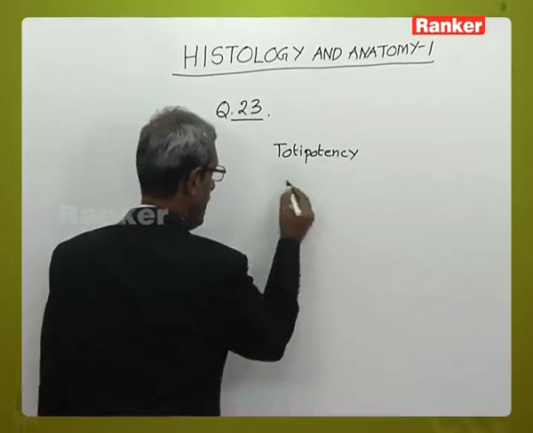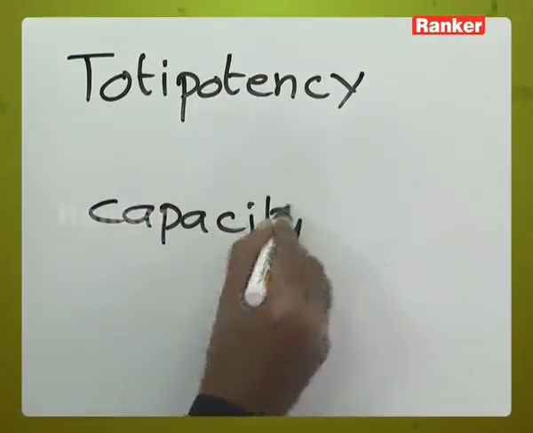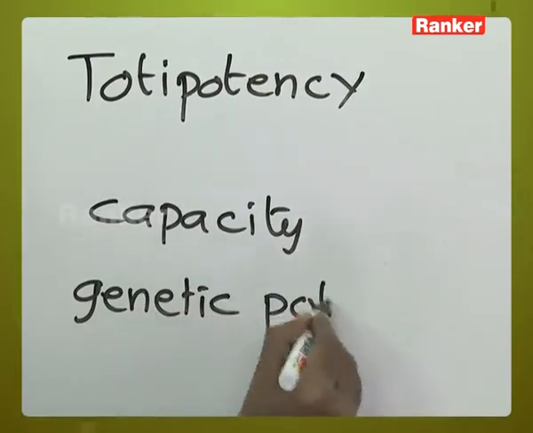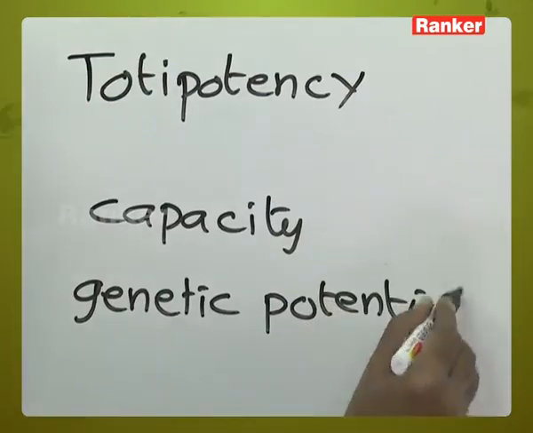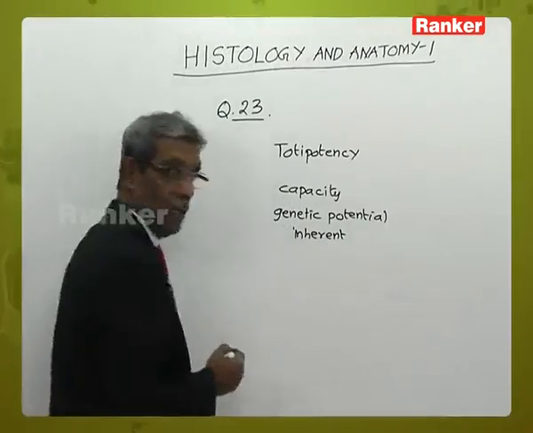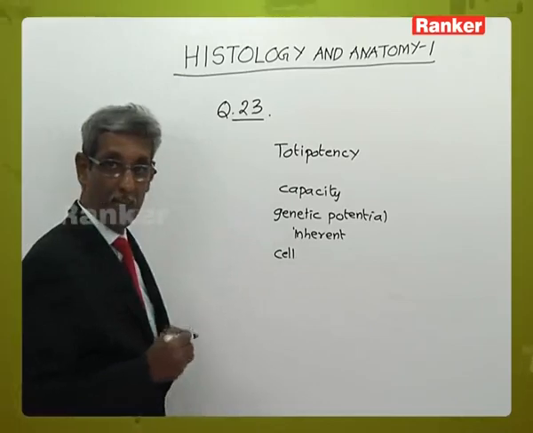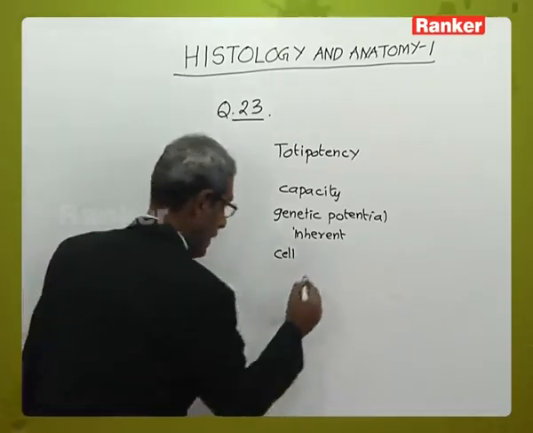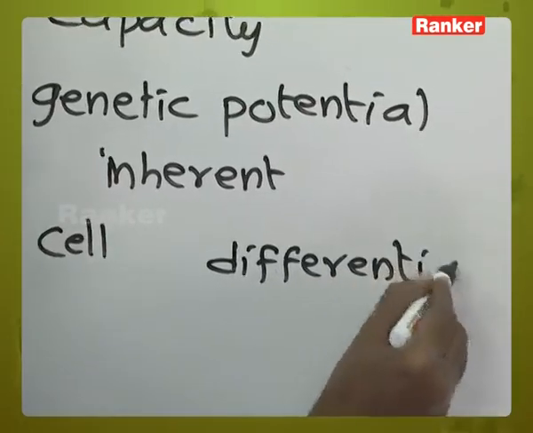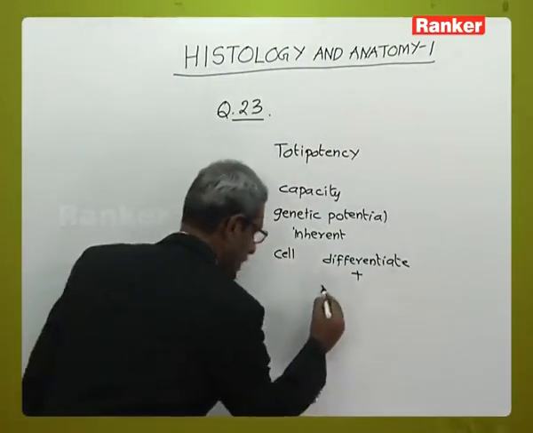So, totipotency is a capacity or the genetic potential which is inherent in a plant cell, by means of which the cell can differentiate as well as redifferentiate.